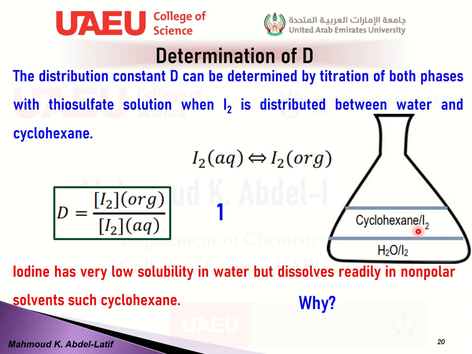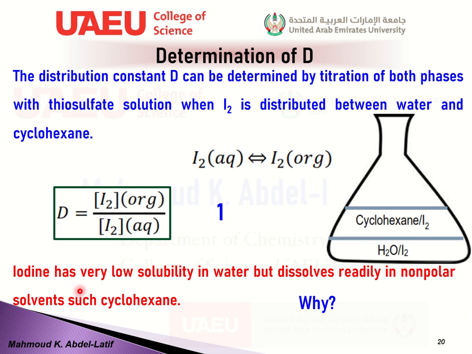So we let iodine distribute between water and cyclohexane, and we should wait some time for the equilibrium state to be reached. Then we can determine the concentration of iodine in each layer by direct titration with thiosulfate.